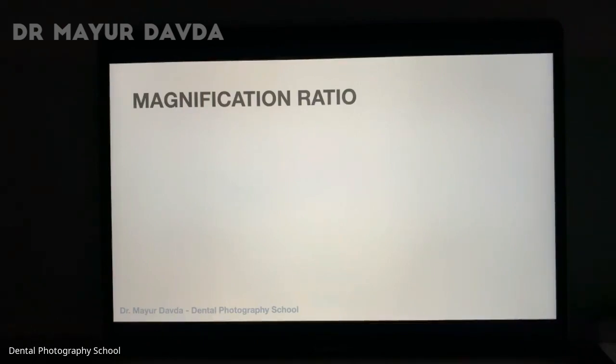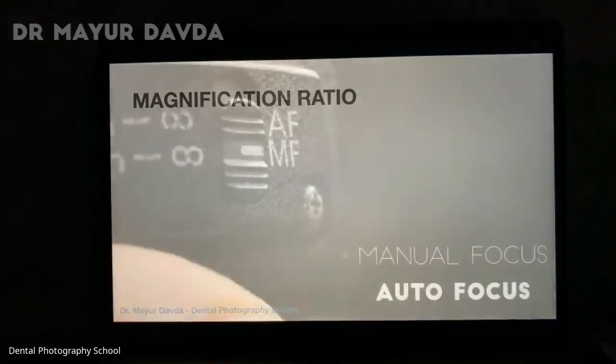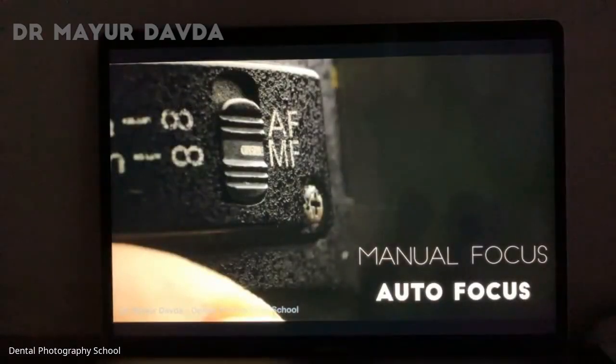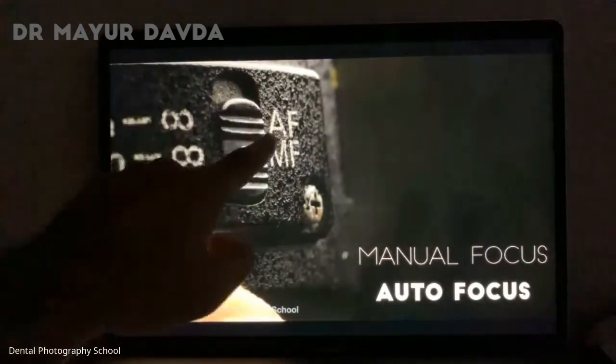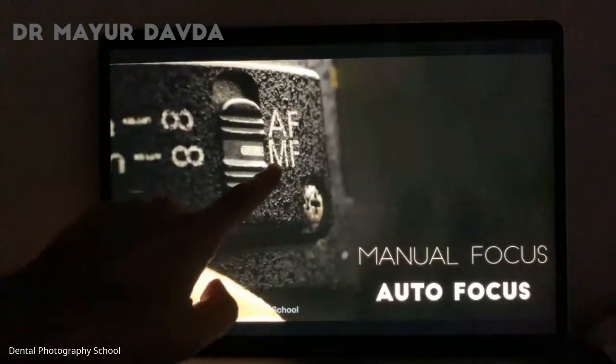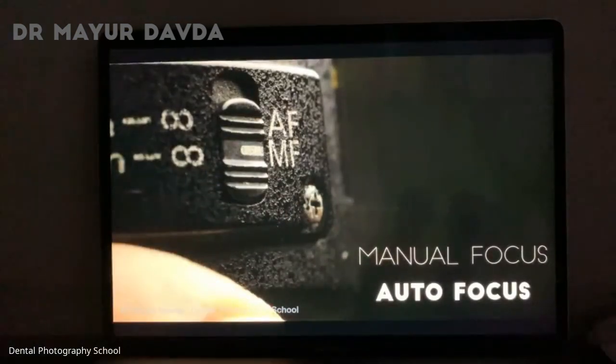But before we go into magnification ratios, you have to do one very important thing. Do not keep your lens on autofocus, because if you want to use magnification ratios, you have to put your lens on manual focusing and not on autofocusing. So your lens always should be on manual focus.